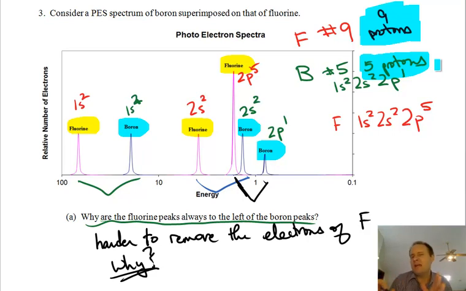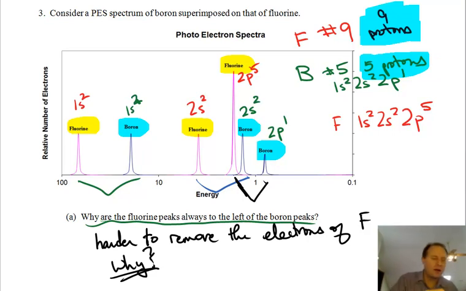Fluorine, with its 9 positive protons, is going to draw in those electrons. It's going to pull them in closer. It can pull them in closer and hold on tighter. You might say, but boron has fewer electrons to hold on to. But it doesn't have as many positive protons.